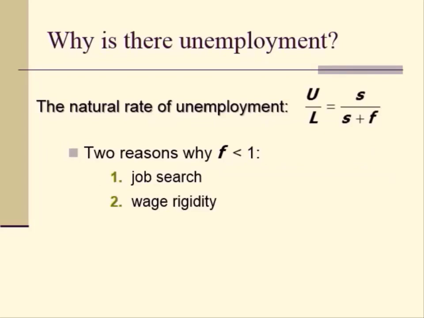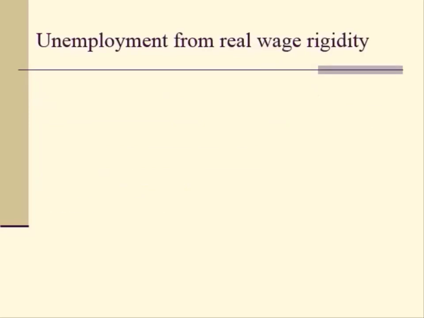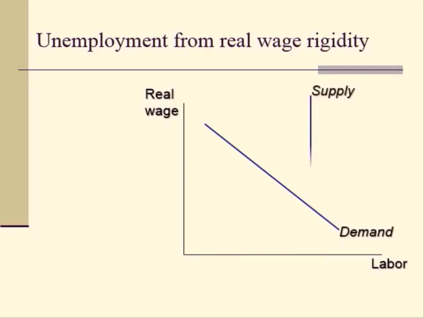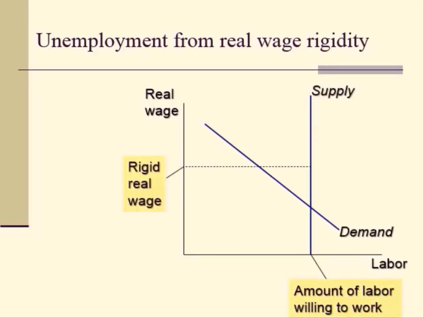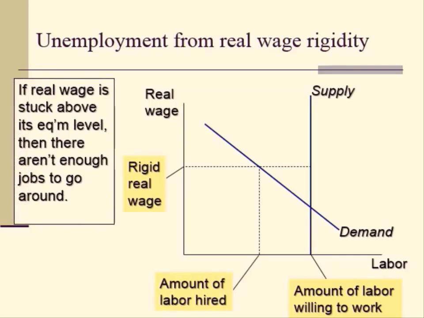Now, the second reason not all who seek jobs find them is wage rigidity, that is, structural unemployment. Wage rigidity is the failure of wages to adjust to a level at which labor supply equals labor demand. As you see in this model, if real wages are stuck above the equilibrium level, then there aren't enough jobs to go around.